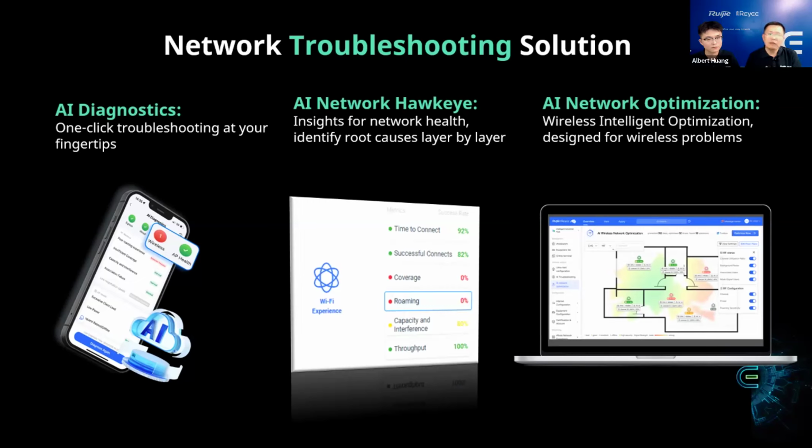But honestly, Wi-Fi issues are still a pain point for all of our engineers, and there are still many difficulties in dealing with wireless problems. So based on the feedback, we improved the Wi-Fi network optimization by our AI technology.